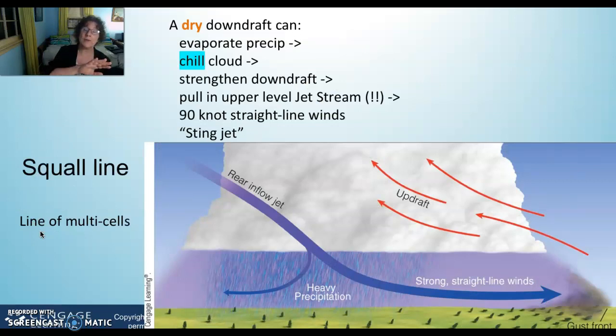If they don't form mesoscale convective complexes, they might form a line of multi-cell thunderstorms, which is a squall line. These can be really devastating because that downdraft can actually start to pull in a subtropical jet stream and really cause a very, very powerful gust front and some really powerful backdrafts as well.